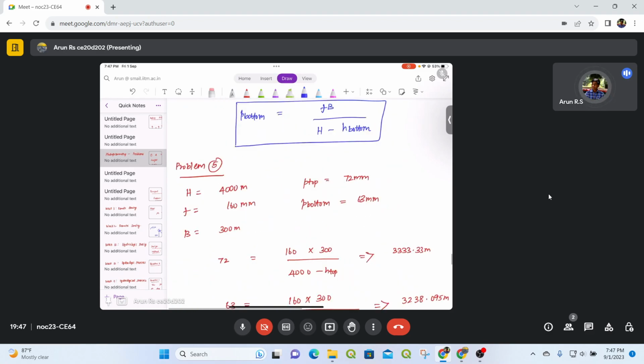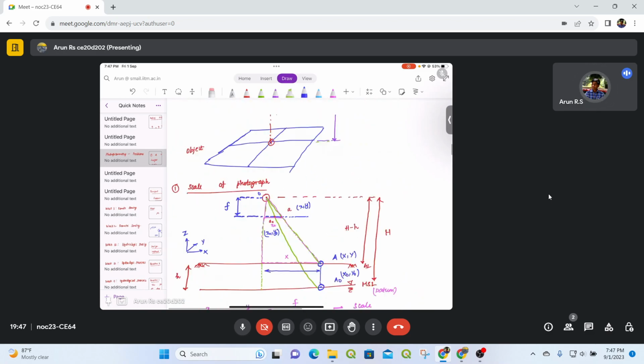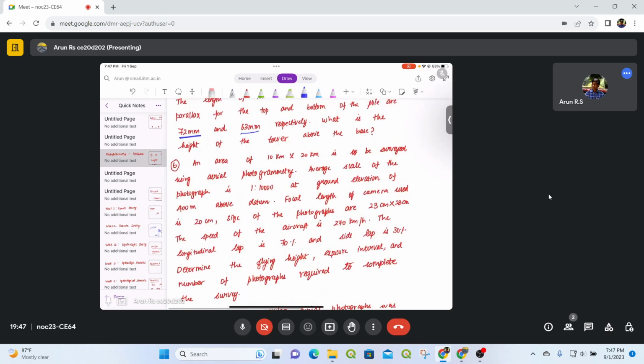Now let us see one problem related to the exposure and number of photographs. An area of 10 by 20 kilometers is to be surveyed using aerial photogrammetry. This is the ground area that you need to cover. Average scale is given, small s, at a ground elevation of 400 meters above your datum.